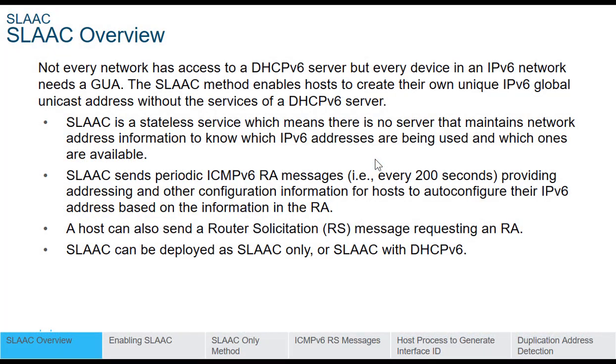Not every network has access to a DHCP server, but every device in an IPv6 network needs a GUA, or global unicast address. As we go through this, I would like to remind you that there are at least 6 different types of IPv6 addresses.